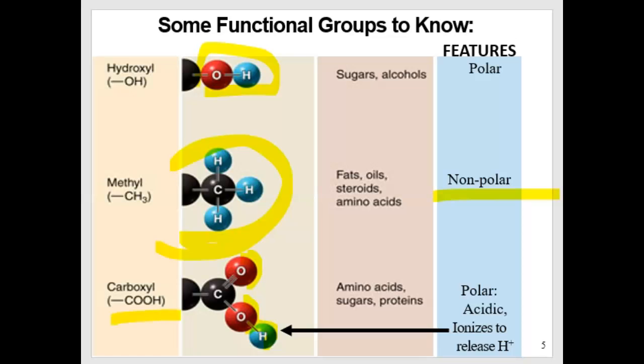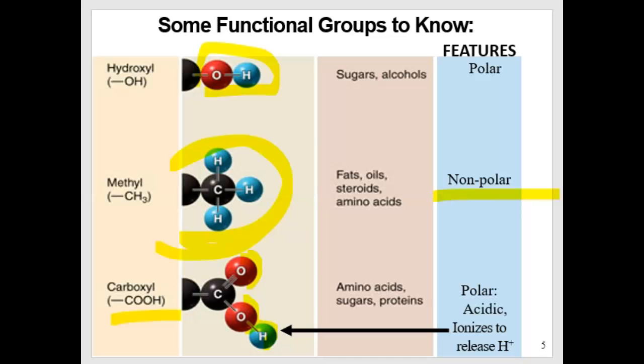We find carboxyl groups in amino acids, sugars, and proteins in general. But because there's oxygen, what's the most important for you is to know that a compound that has a carboxyl group is probably polar because of the presence of oxygen. Therefore, it likes water, it's hydrophilic.